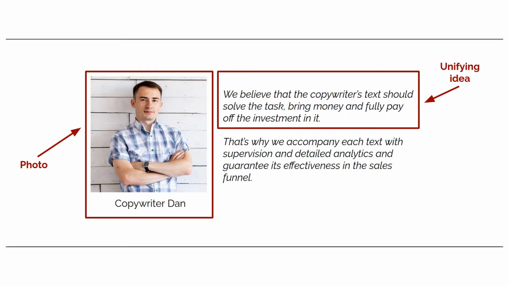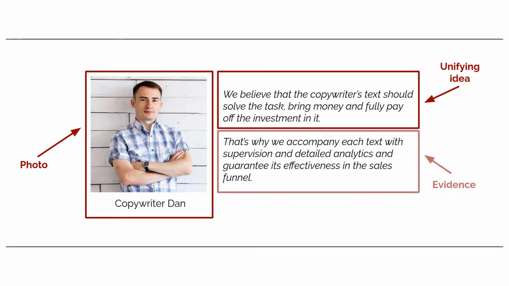In copy, such an idea is usually framed in the form of a belief that is initially shared by our audience. For example, we believe that the copywriter's text should solve the task, bring money, and fully pay off the investment in it. Finally, the evidence clearly shows how we correspond to the unifying idea and confirms the words with deeds.